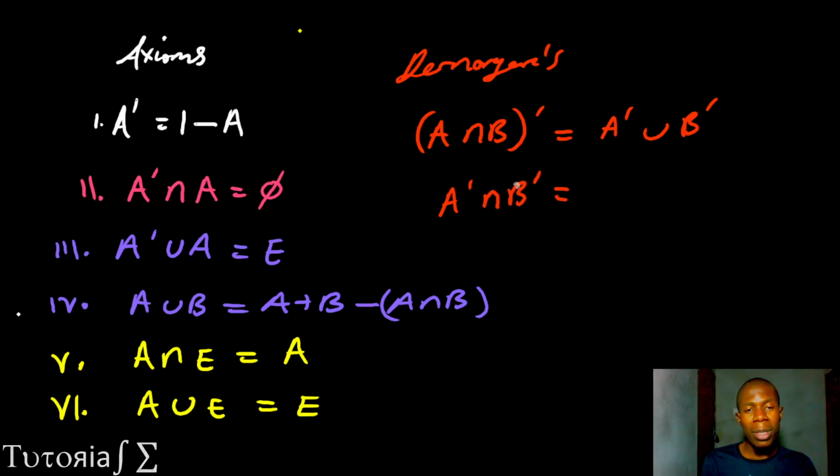When you take the complement inside, the sign changes: intersection becomes union, and union becomes intersection. This is one of those important theorems.